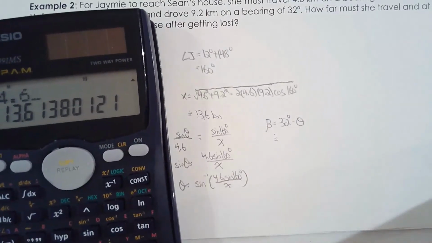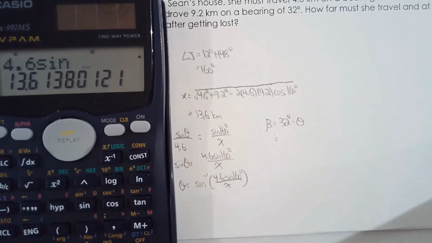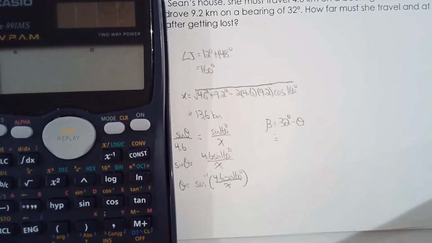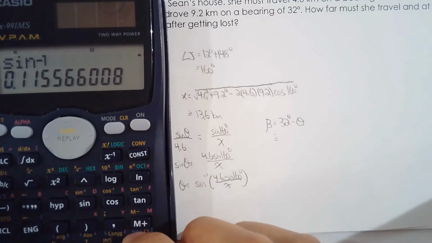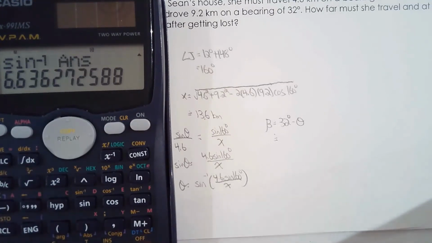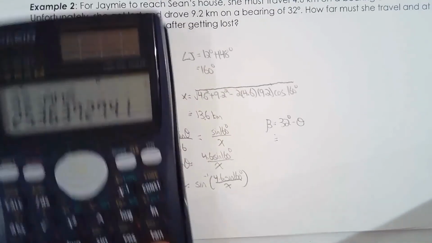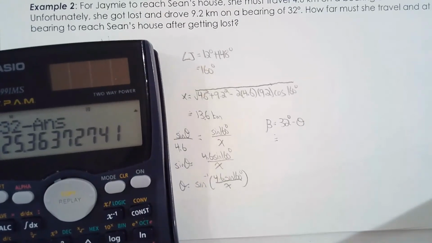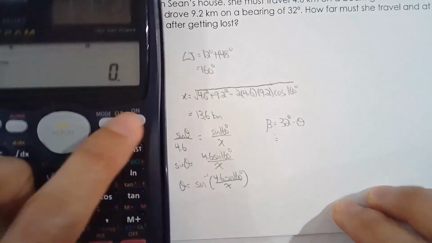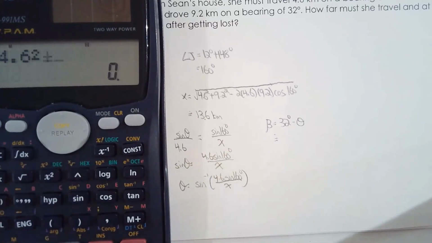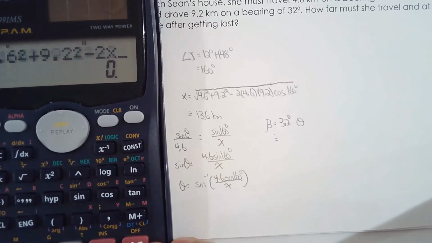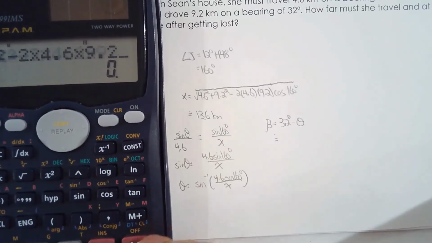So 4.6 sine 160 divided by x, and an inverse sine, and then 32 minus that. So we're looking at about 25.4. I'm going to do that one more time. I'm going to start from the beginning, making sure I feel like I made a typo there.